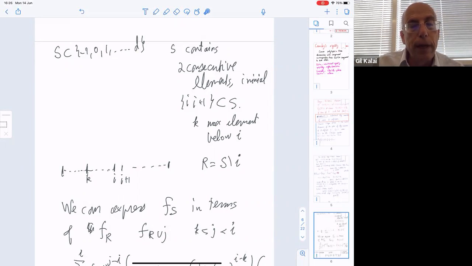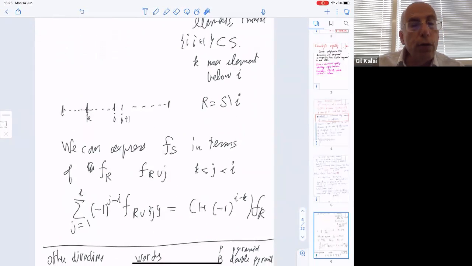This does not make a difference. Then we can express F_S in terms of F_R and F_(R union J), where R is obtained from S by deleting i, and then we also allow adding all the indices between i and k. So we get some combination.